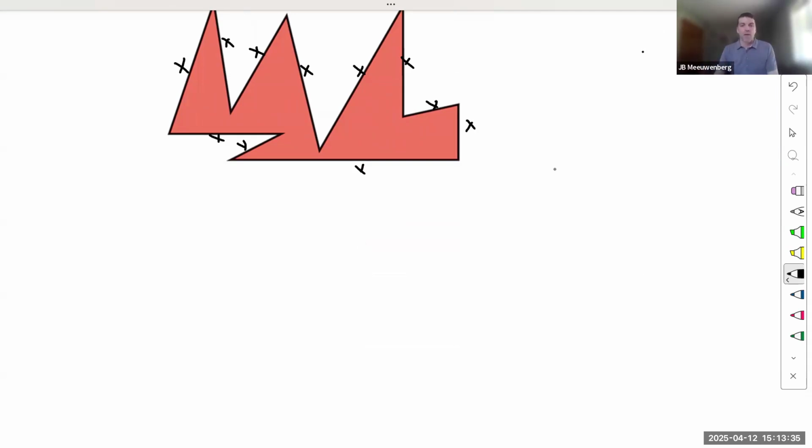This is a classic problem for young students to investigate. A common scenario is fencing in an area of land. Maybe you have to put a garden up, and one person uses this much fencing, another person uses this much fencing. Does it mean that the one with more fencing had a bigger area? And that's not necessarily true.